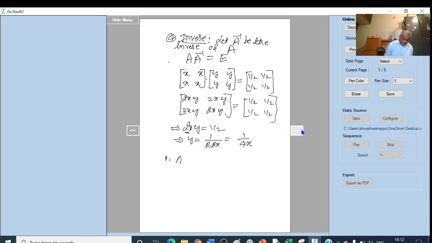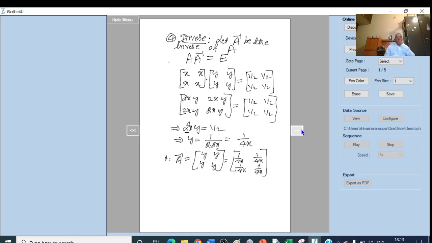So A inverse, which I have taken as y, y, y, y, is 1 by 4x, 1 by 4x, 1 by 4x, 1 by 4x, and this is the inverse of the matrix with entries x. So the inverse of each element exists.